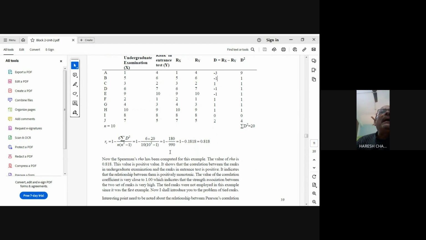Now you put the value: 1 minus 6 sigma d square, 1 minus 6 into 20 by 10 into n square minus 1, that is equal to 1 minus 180 by 990, and that is equal to 0.188. Any problem in understanding the calculation?